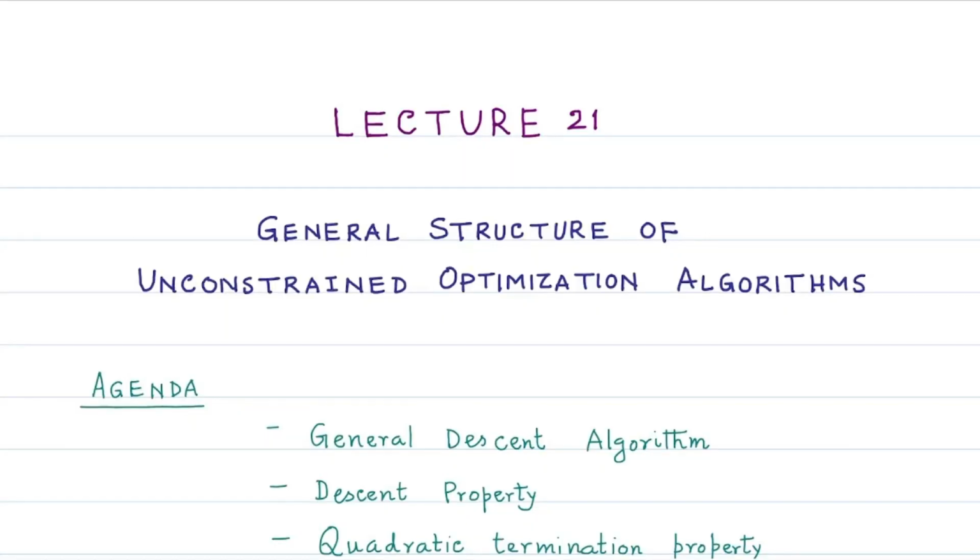Towards this, to find a minimizer, we aim to develop algorithms, mathematical procedures, mathematical methods to reach an optimum solution, a minimum point of the given objective function. Those we call optimization algorithms for unconstrained optimization problems. In this lecture, we are going to know the general structure of unconstrained optimization algorithms.